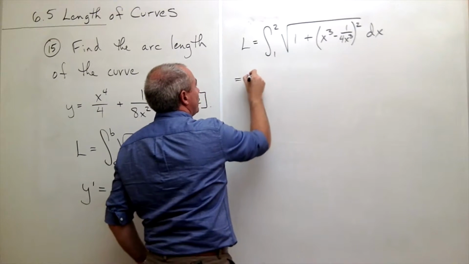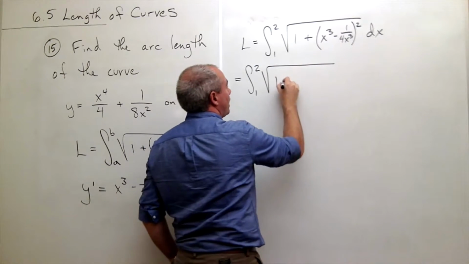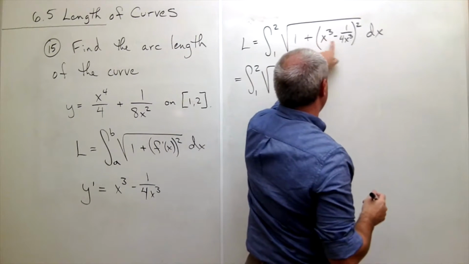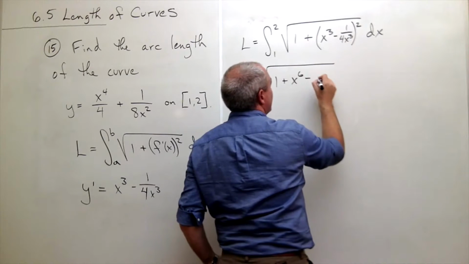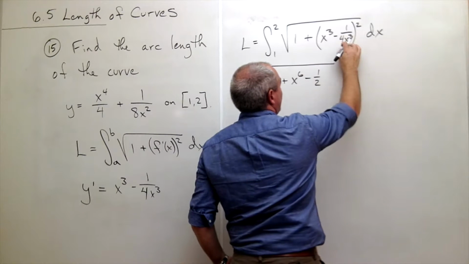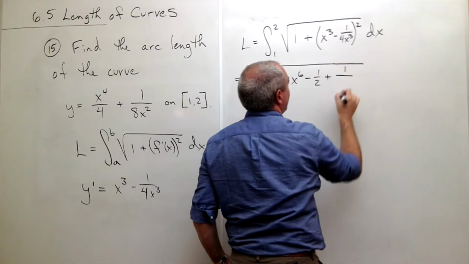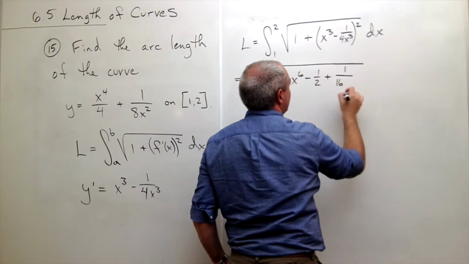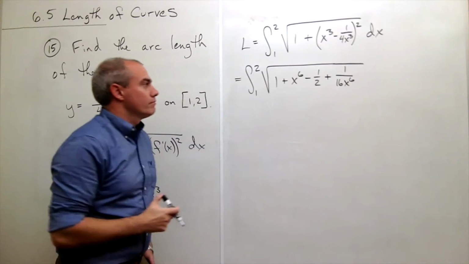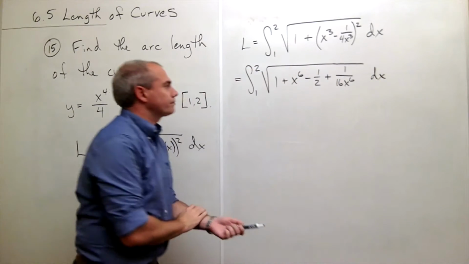If I do, I get the integral from 1 to 2 of the square root of 1 plus x cubed squared, which is x to the 6th. 2 times the first times the second is minus 1/2. The second one squared is plus 1 over 16x to the 6th, all of that dx.